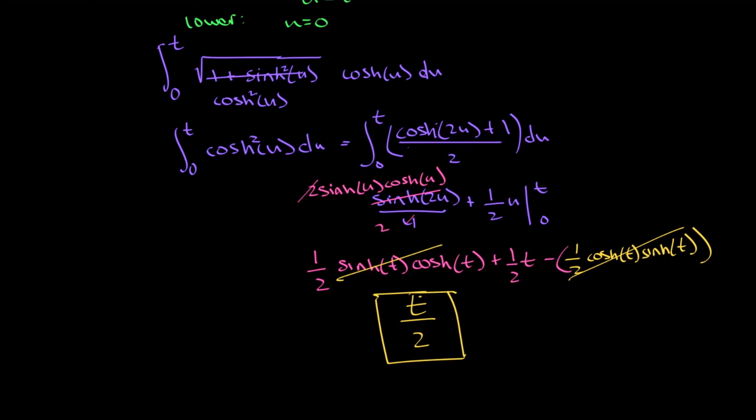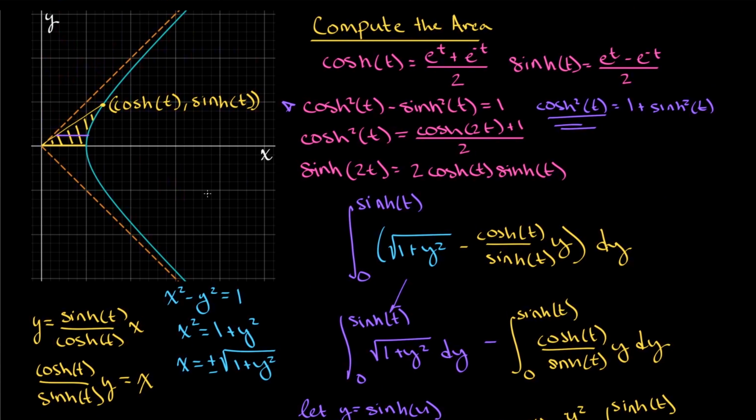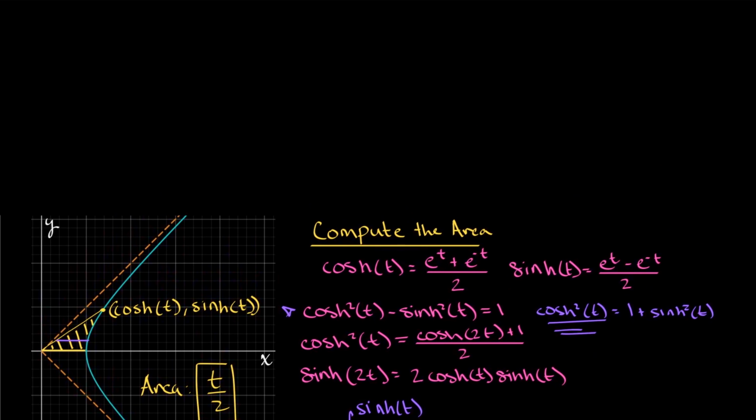And let's scroll back up and talk about this just a touch. So we found our area, 2b, after all of that hard work, t over 2. And one thing to note about this, I want to show you just how analogous this can be to what goes on in circular trig land.